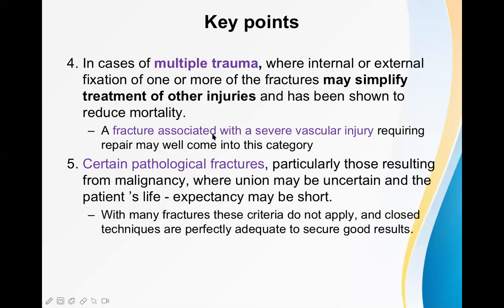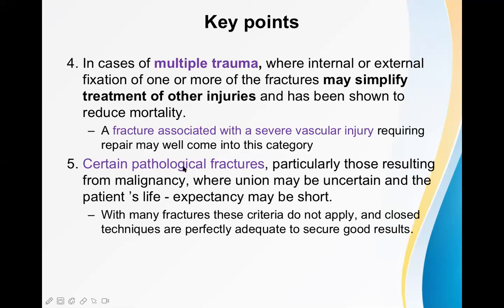A fracture which is associated with severe vascular injury, where the blood vessel injury requires repair, we have to go for surgery. For that surgery you need to open the fracture site, explore which blood vessel is damaged, repair it, and at the same time you can go for internal fixation. This is another important key point here.